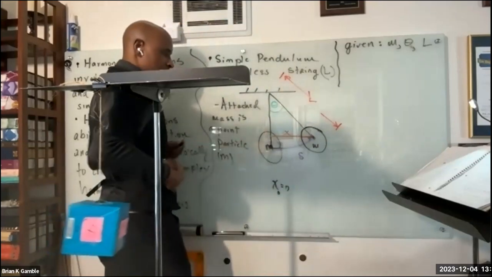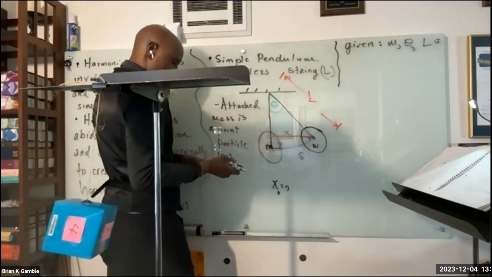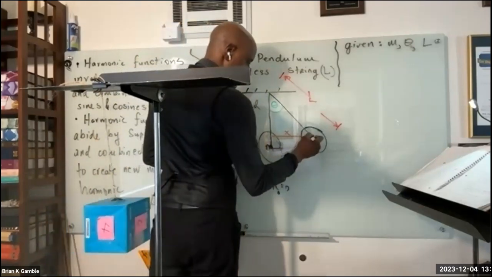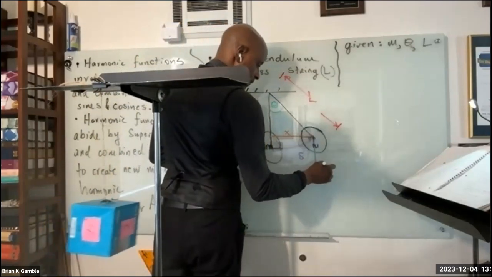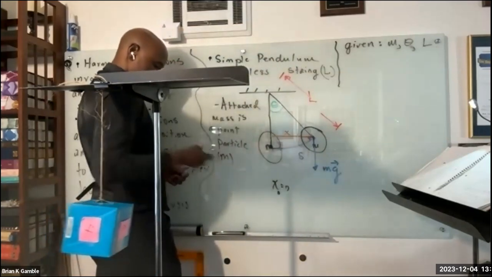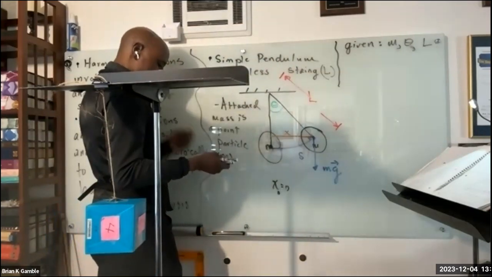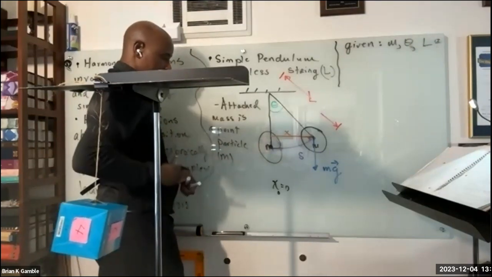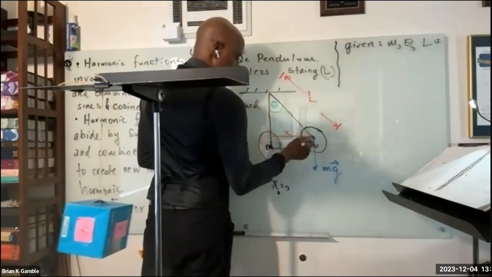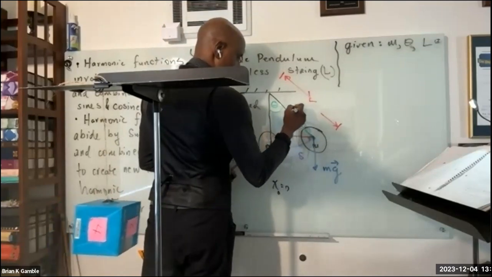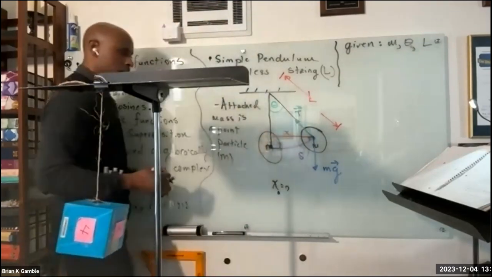Okay, so gravity is mg, straight down. And the tension force is T, which is back along the length of the string here. So those are the two forces on the object.